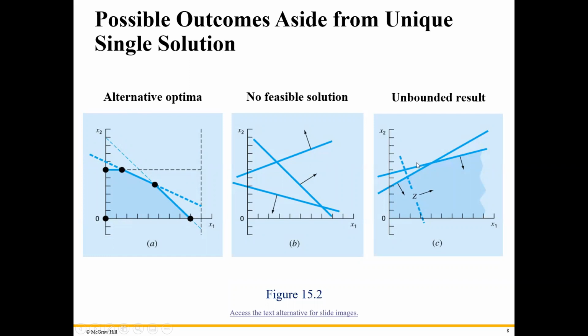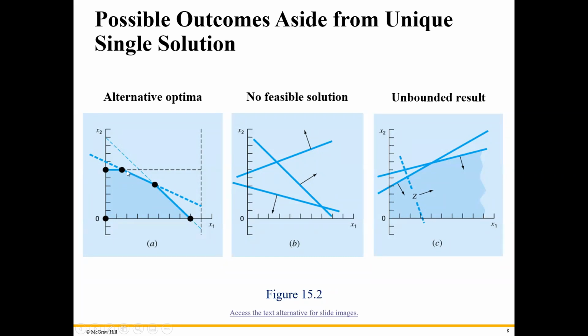So alternative optima occurs when the objective function line is parallel to one of the edges. So for example, this is one edge, this is another edge, and this is another edge, okay, and the line is parallel to one of these edges. Then we can have the alternative optima.